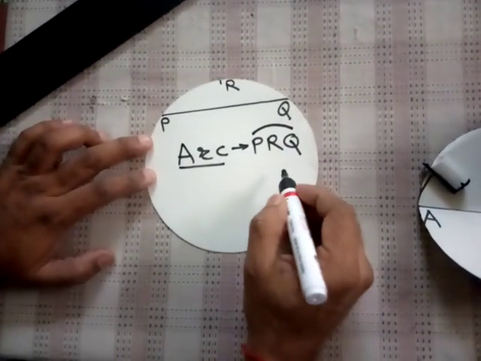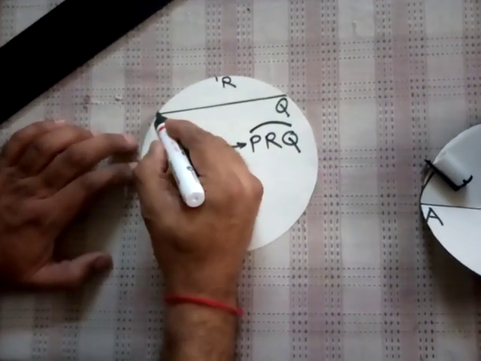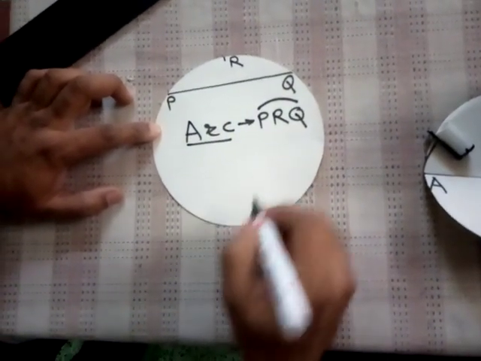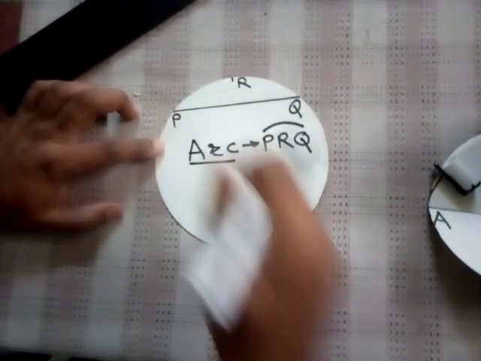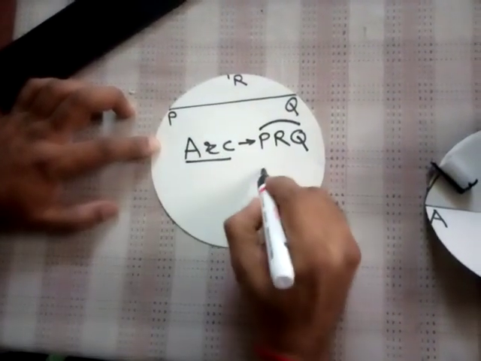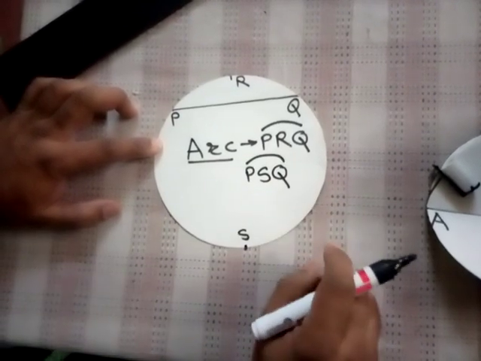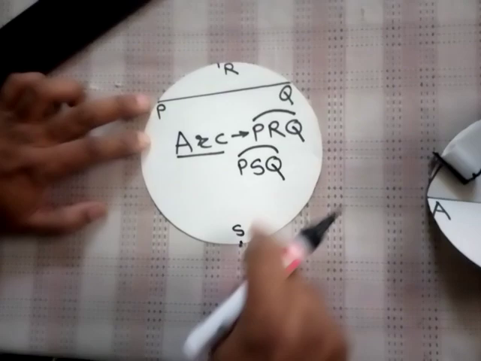It's not necessary that the arc will be this one only. If we go through the path P, S and Q, then PSQ is another arc of the circle. So we have two arcs for a circle, PRQ and PSQ.